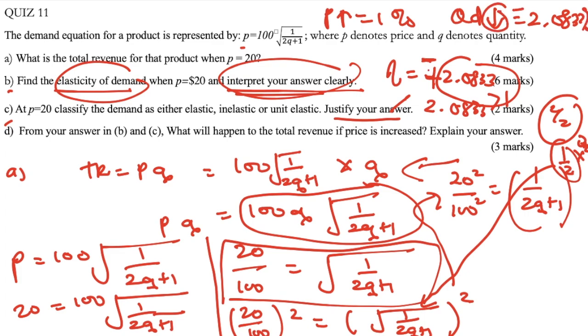Decrease here, that's why we had the minus sign earlier. But the value is more than 1. That means here 1, here more than 1, so it is elastic. So that's the answer. Classify demand as elastic, and the justification is that the elasticity value is more than 1. That's the only way you answer it precisely.